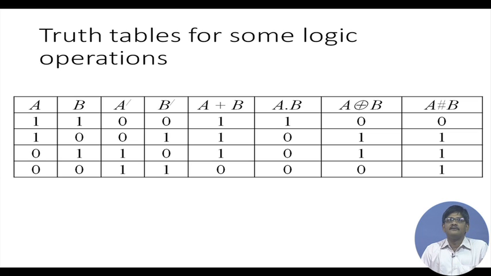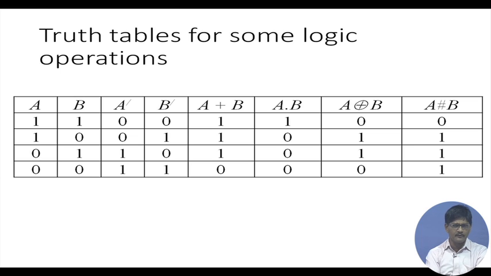And in the last column, we have written A hash B, just some arbitrary operation defined as A hash B. If I ask you, can you tell me what kind of logic operation it represents? In that case, you can apply your common sense to find out whether it looks like any other logic operation.